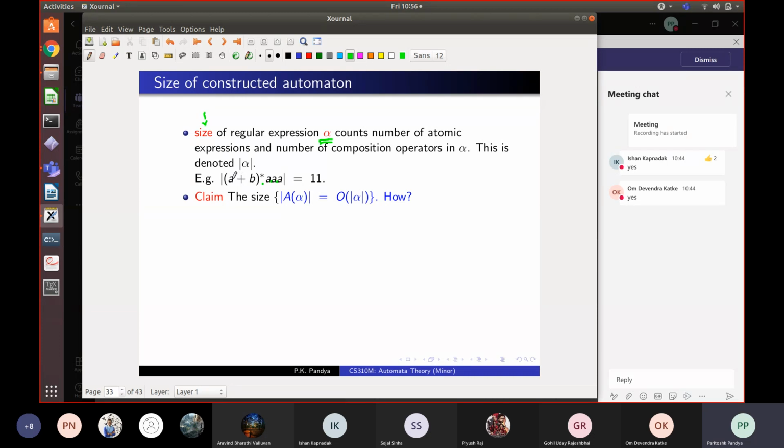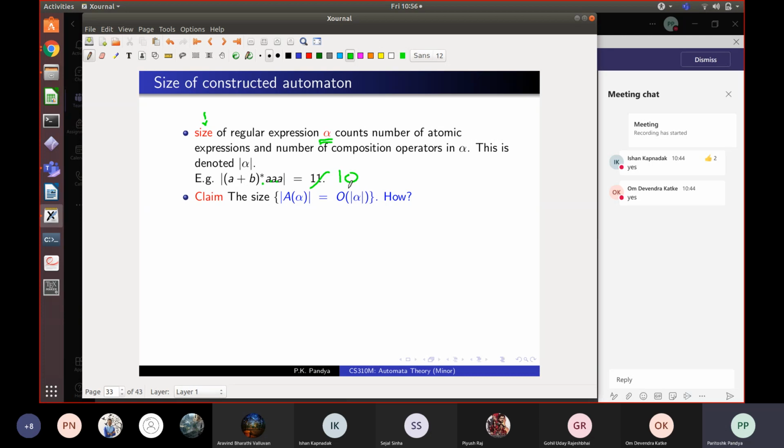We disregard brackets: one for an a, one for a b, one for a plus, one for a star. So we got 4, then we got 3 a's, so 7, and then 3 dots, right? 3 dots or 4 dots? 1, 2, 3 dots. So this should be 10. Okay, that was a mistake. So the size of this regular expression is 10 because it's using 10 symbols in defining it, right? This is how we define the size of a regular expression.